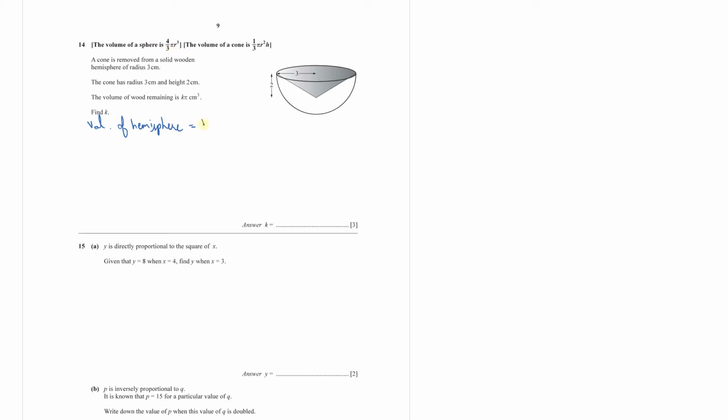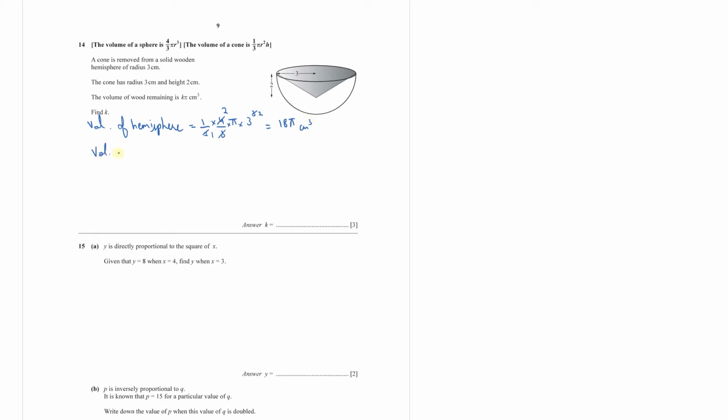So for a half sphere, it will be 1/2 times 4/3 times π times r³, and you know the radius is 3, so that should equal 3³. If you simplify this, 2 ones are 2, 2 twos are 4, 3, and this should equal 3 squared. So you get 3 squared times 2, which is 18π cm³.